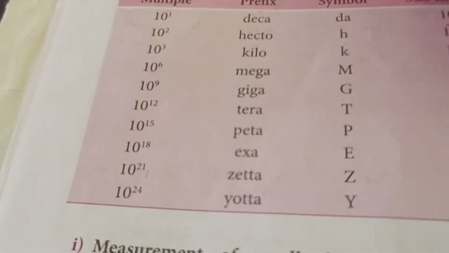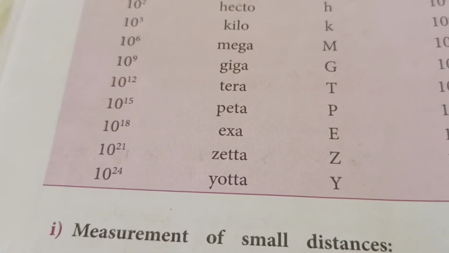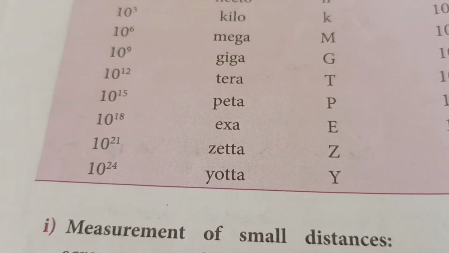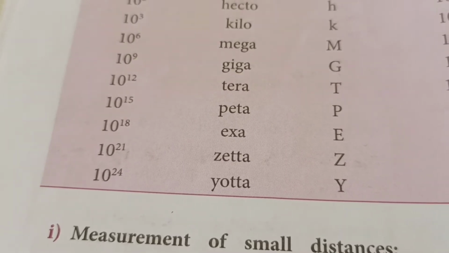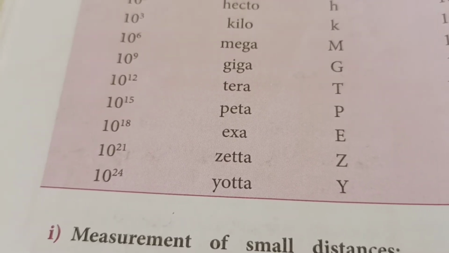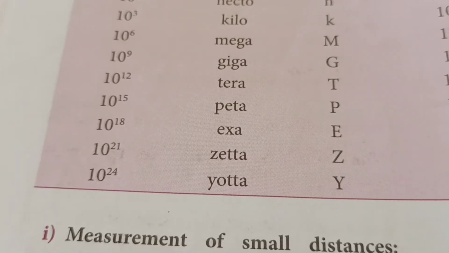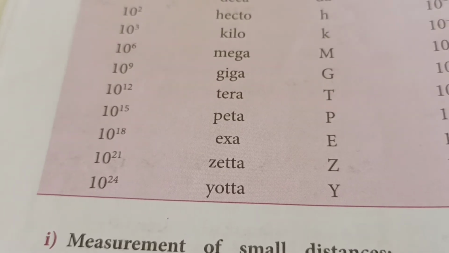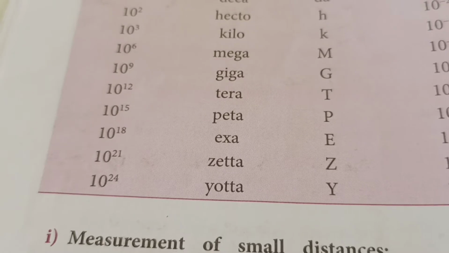Multiple 10 power 1, the prefix is deca, symbol dA. 10 power 2 is hecta, symbol H. 10 power 3 kilo, symbol k. 10 power 6 mega, symbol capital M. 10 power 9 giga, symbol capital G.